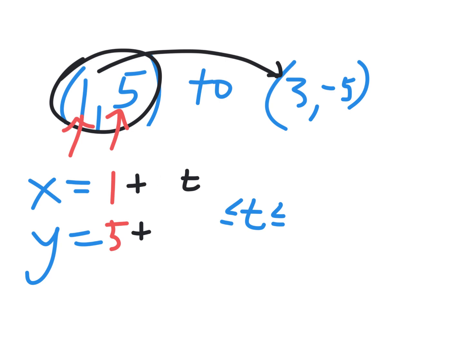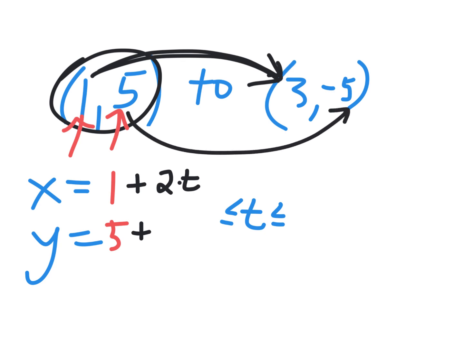Well, the change went from 1 to 3, so that's a change of 2. The other one was a change from 5 to negative 5, and that's going down 10. So plus negative 10t. Now, do you really need a plus and a minus? I wouldn't mark it wrong. It's not illegal because you have just a system and you always put plus there, but plus minus does actually mean just minus.